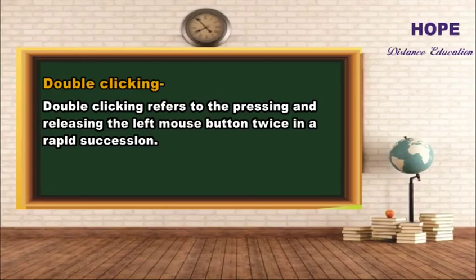Double clicking refers to pressing and releasing the left mouse button twice in rapid succession. The pressing and releasing of the left mouse button, which is the same as the primary button, twice in rapid succession.